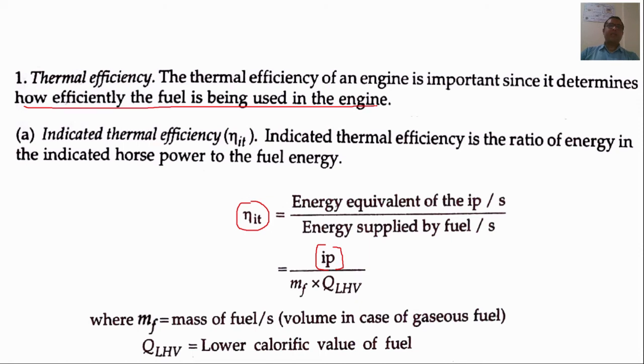So in indicated thermal efficiency and break thermal efficiency, input remains same, which is energy equivalent by fuel. Only the change is in numerator, that is in output. If we consider indicated power as the output, then it is indicated thermal efficiency, and if we consider break power as the output, then it is break thermal efficiency.